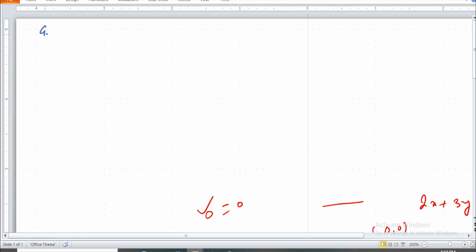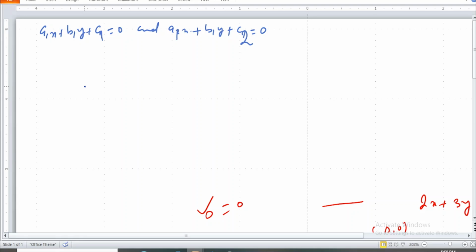Suppose a1x plus b1y plus c1 equal to 0, and a1x, not a2, because they are parallel lines, plus b1y plus c2 equal to 0. This one is c1 and this one is c2, otherwise these two lines would be identical.